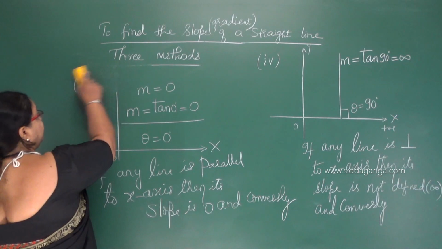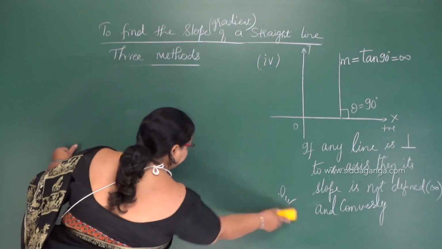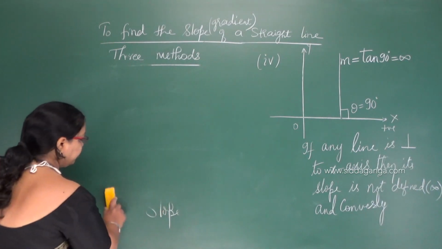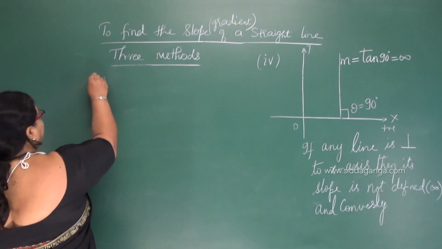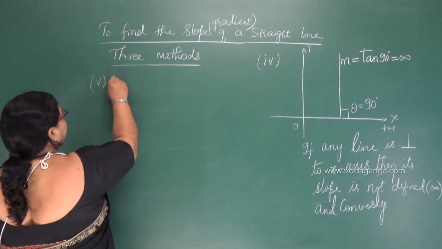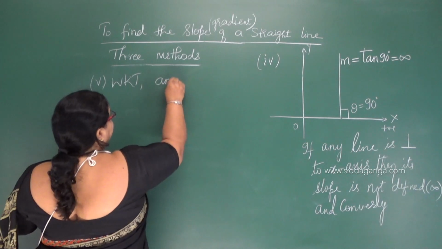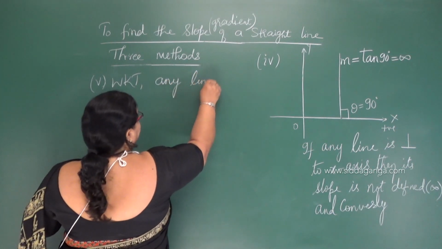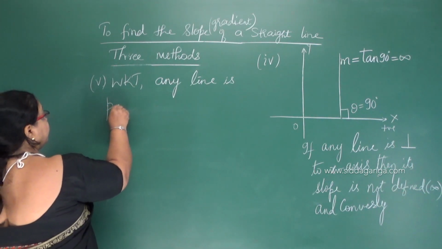Fifth one is here, in particular we know the property of a straight line. Straight line alli ಒಂದು property ಇದೆ, basic property. We know that any line is parallel to itself.